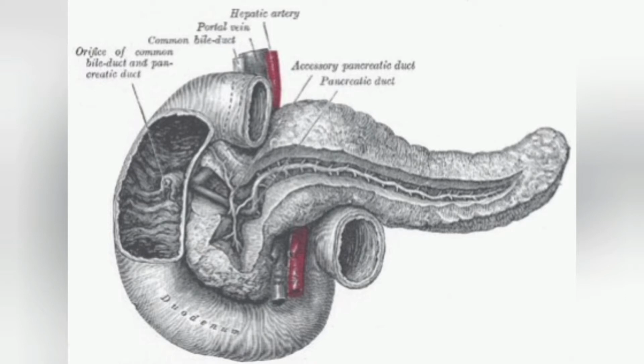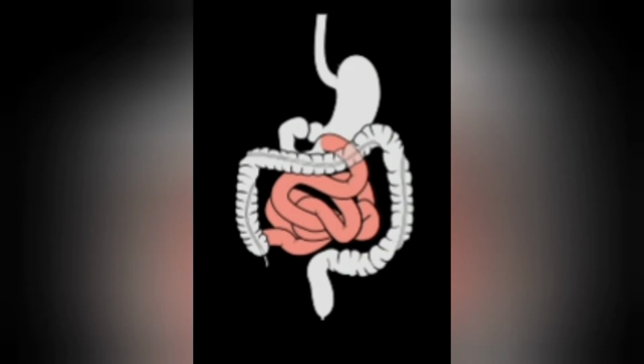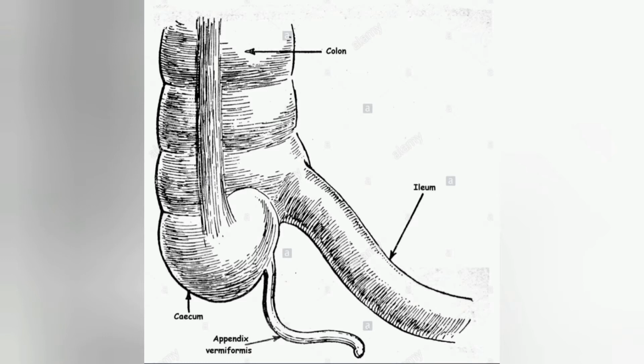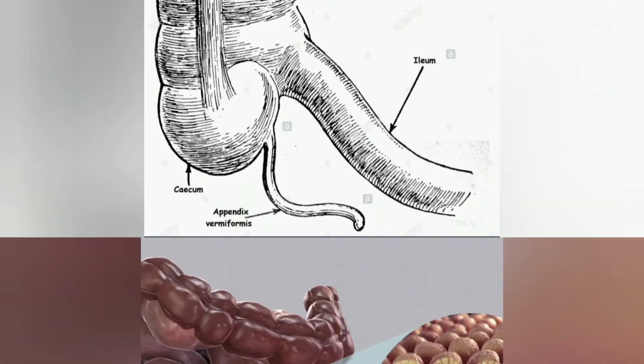In the duodenum open the bile duct and pancreatic duct through a common passage called the common bile duct or hepatopancreatic duct. After this comes the jejunum, which is the middle part of the small intestine that measures about 2 meters in length. After this comes the last and the third part of the small intestine called the ileum, measuring about 3 to 3.5 meters in length, and it enters into a wider tube called the large intestine.